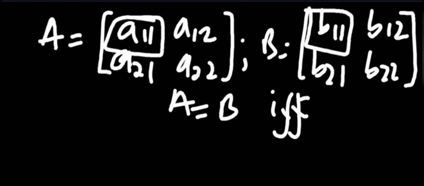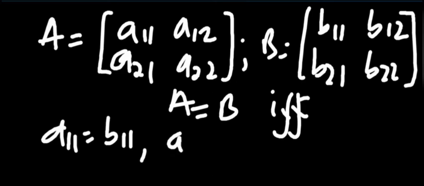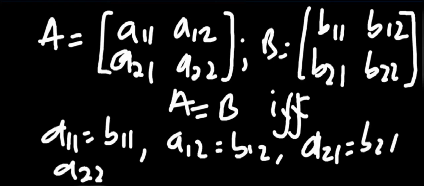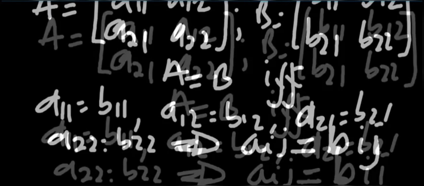So I have A11 is equal to B11, A12 is equal to B12, A21 is equal to B21, and A22 is equal to B22. So in general, it implies that aij is equal to bij.